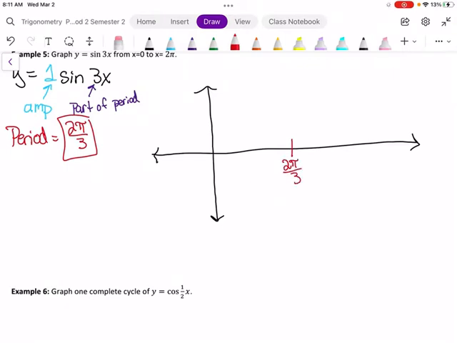And we just need to keep adding on enough space for us to get all the way up past 2 pi. So we have 2 pi over 3, 4 pi over 3, and I'm going to have to make this a little bit longer.